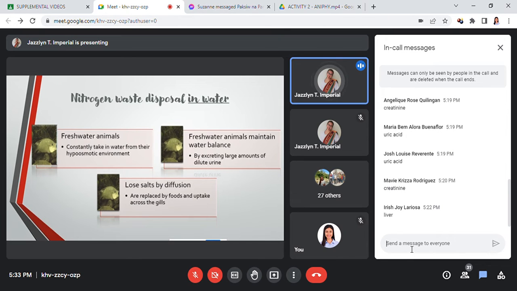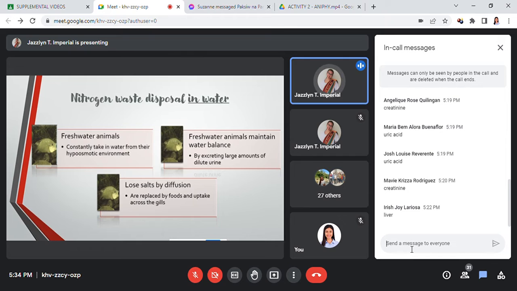But how do they maintain water balance? They do this by removing large amounts of water. So kumbaga, they drink water from their environment, but they urinate it, but their urine is diluted. Kasi they have to retain the solute into their body. Parang si paramecium niya, ina-expel niya via contractile vacuole.